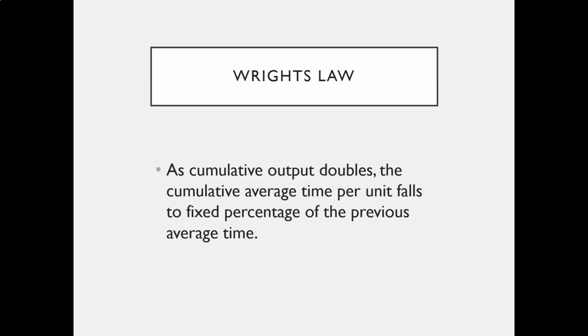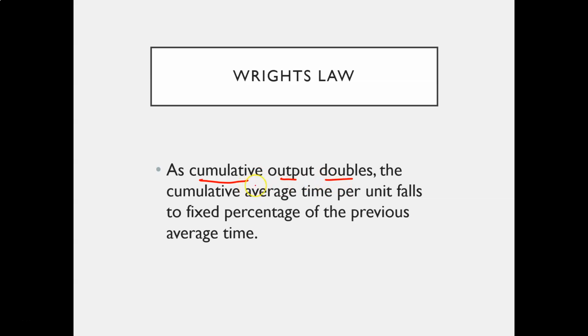So labor cost does fall as you get better. Now, this is the rule, and it's very straightforward. You always want to put a little table together, follow the table, follow the rule, and you're fine. It really is that straightforward. What they observed was that as cumulative output doubles, and this is additive, as we're adding and adding, what I want you to underline here is the idea of the average.